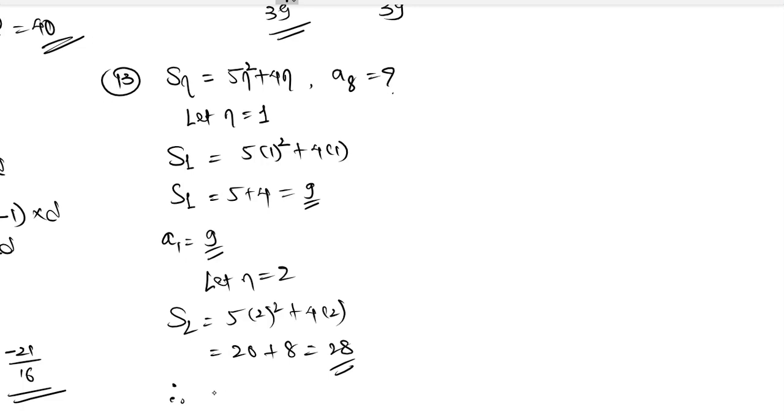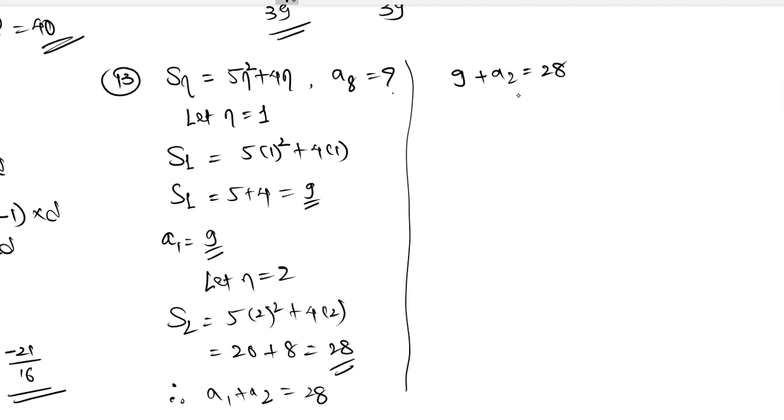Therefore, A1 plus A2 is equal to 28. Now see, look very closely. A1 plus A2 is 28, right? What is A1? 9 plus A2 is equal to 28. So A2 is equal to 28 minus 9. What is 28 minus 9? 19.